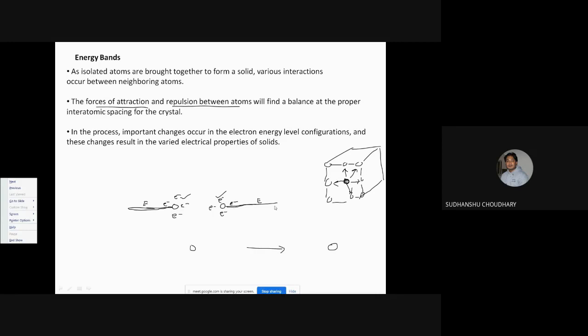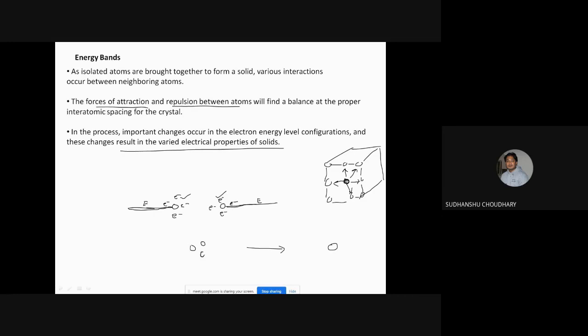Because the energy levels change and because the wave functions are overlapping and interacting, this results in varied electrical properties of solids. For example, a single individual atom may have some electronic properties. Two atoms in close proximity may have a different property.